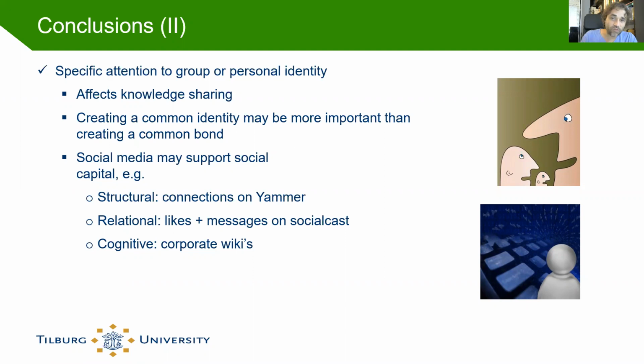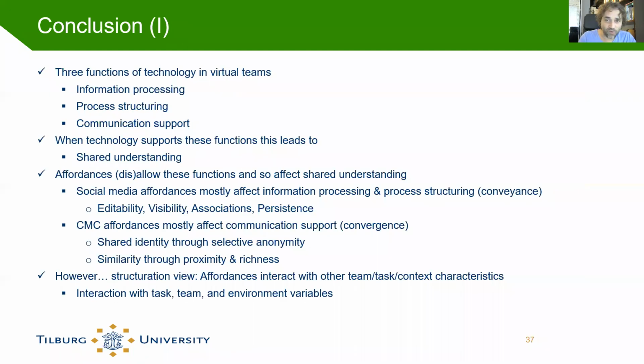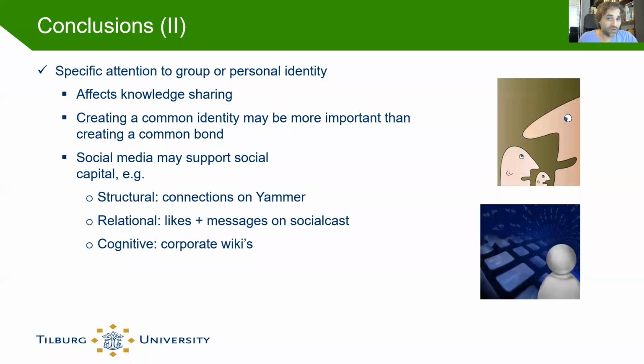But basically, in order to stimulate knowledge sharing, you of course have to do information processing, etc. But you also have to create a common bond or a common identity. And maybe in larger virtual teams, a common identity is more important than a common bond.